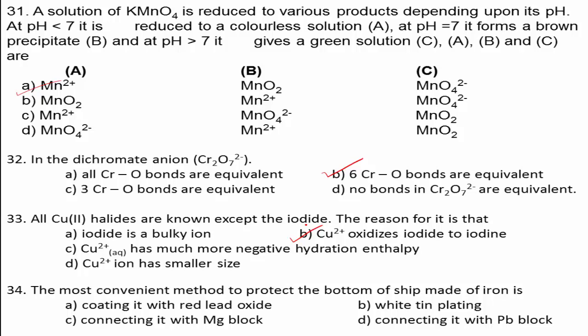Their periodical replacement is cheaper and more convenient than painting the whole structure at frequent intervals. Therefore, option B and C both protect the bottom of a ship made from iron, but the more convenient method is option C, which is the correct answer for this question.